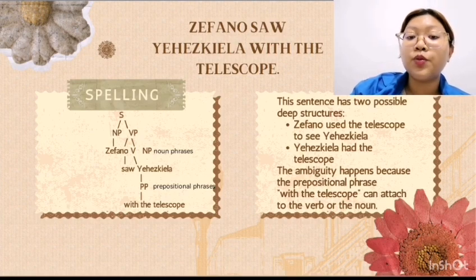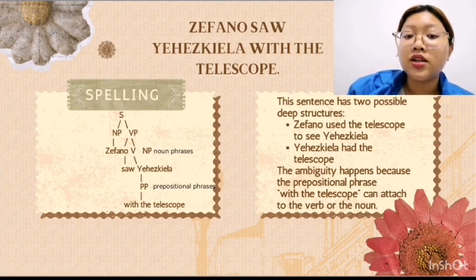This sentence has two possible deep structures: Zephano used the telescope to see Yehezkiel, or Yehezkiel had the telescope. The ambiguity happens because the prepositional phrase with the telescope can attach to the verb or the noun.